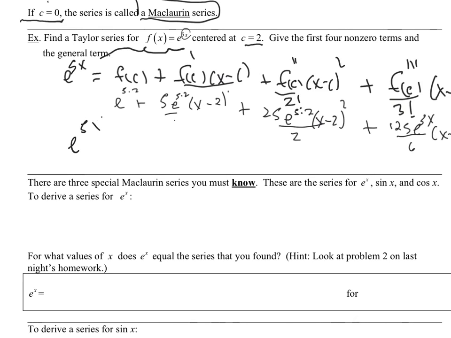e to the 5x now is approximately, first 4, it's not exactly now, okay?